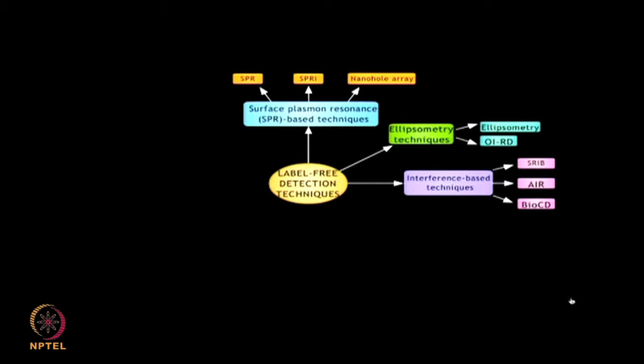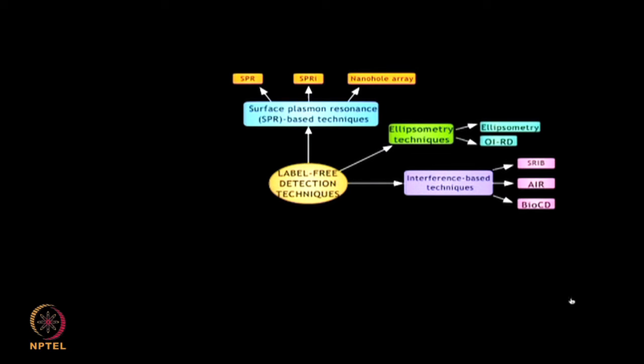Interference based techniques. The interferometry is based on the principle of transformation of phase difference of wavefronts into recordable intensity fluctuations known as interference fringes.